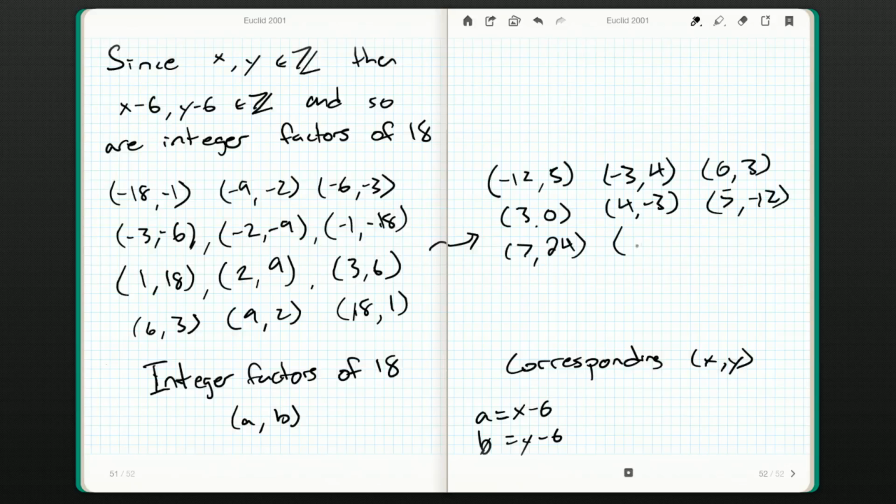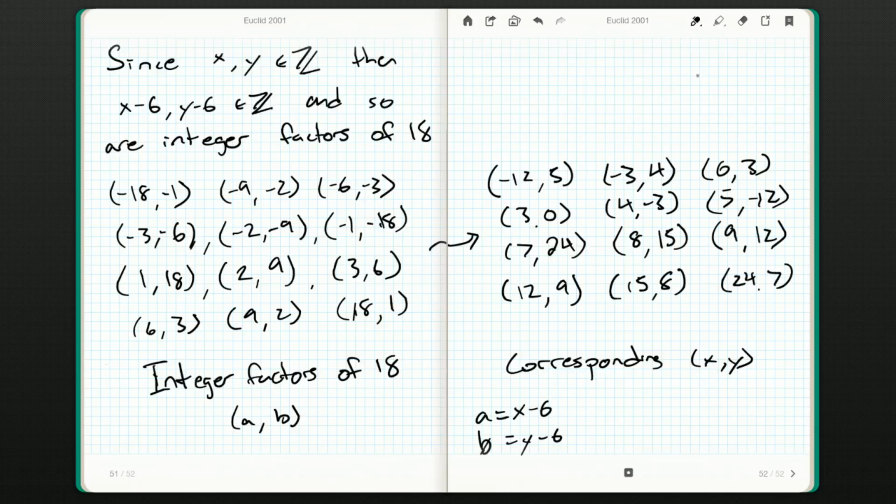Ooh, that looks promising. 8, 15. That one also looks really good. 9, 12. And then we have 12, 9. 15, 8. And, of course, 24, 7.